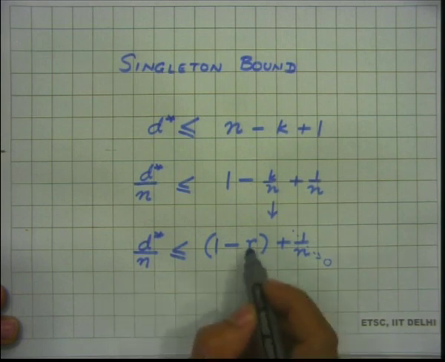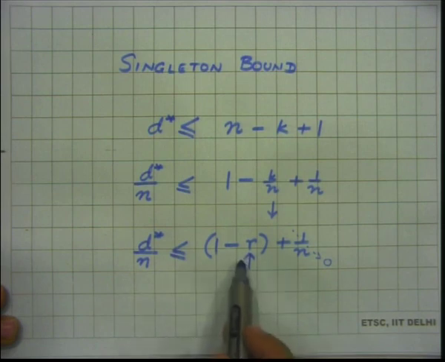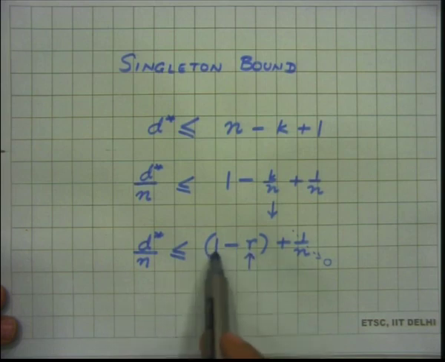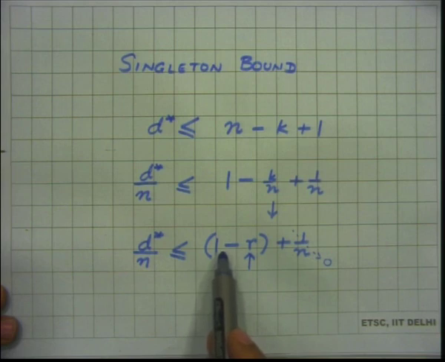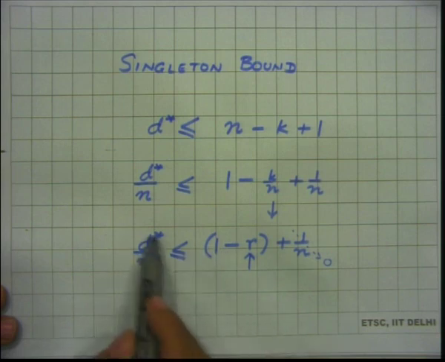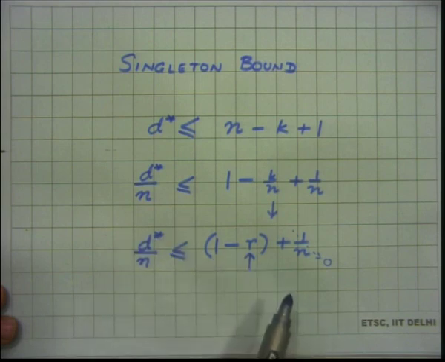On one side, I need R to tend to 1 because I do not want to put too many overhead symbols in my code word. So, R should touch 1. If I want to push that, then this quantity becomes closer and closer to 0. At the same time, I want this normalized D star not going to 0.